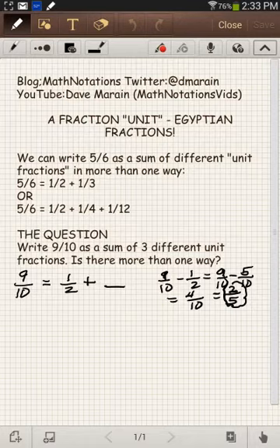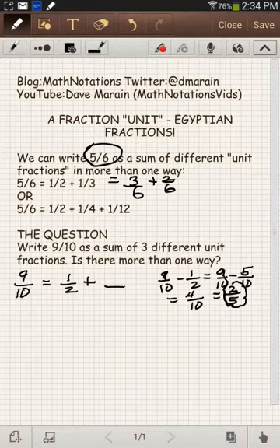We're working with what are called unit fractions, which have a numerator of 1. So for example, 5/6 can be written as 1/2 plus 1/3. We can ask the students to verify this with a common denominator. 1/2 is 3/6, 1/3 is 2/6.